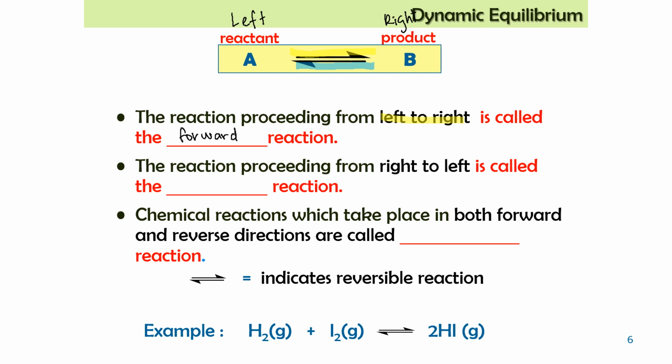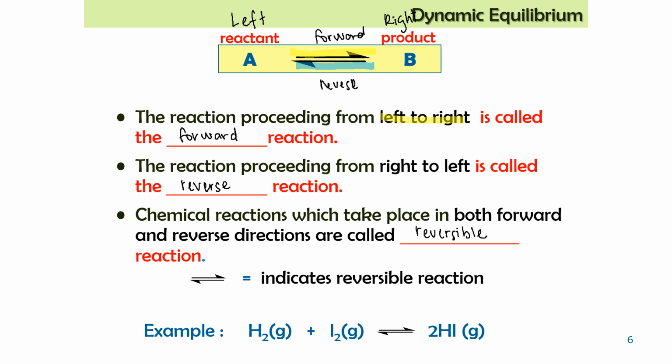So this is called as reverse reaction. Okay, forward. Ini adalah forward. And this is your reverse reaction. So, chemical reaction that take place in both forward and reverse direction, we call it as reversible reaction.